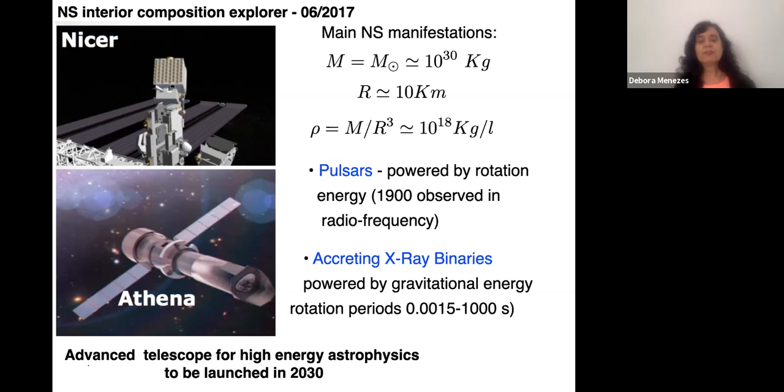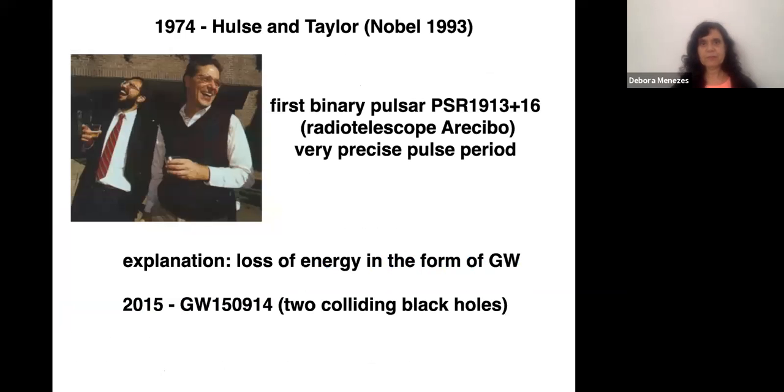And then there is Athena, that's probably going to be launched in 2030, and it stands for Advanced Telescope for High Energy Astrophysics.